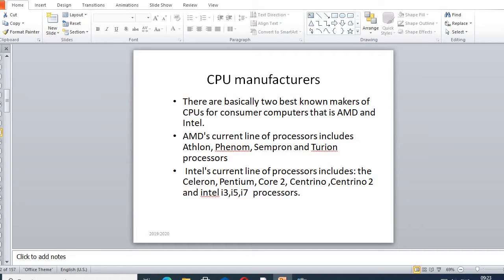I believe some of you who have laptops or desktop computers, if you check on the outside part of the system unit, you will see the processor that is inside. For example, if I check mine here, I will see that mine is a Core i3. If I can show it to you, you'll see it here.